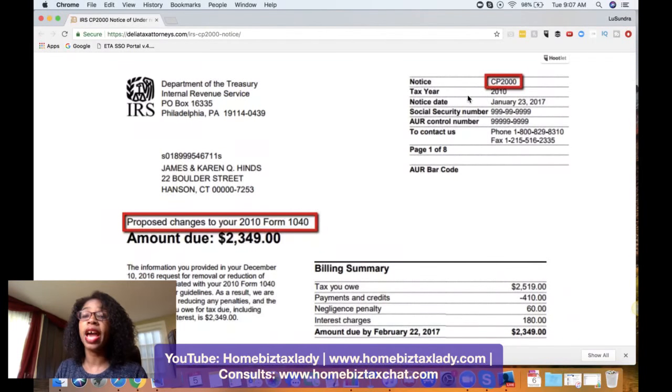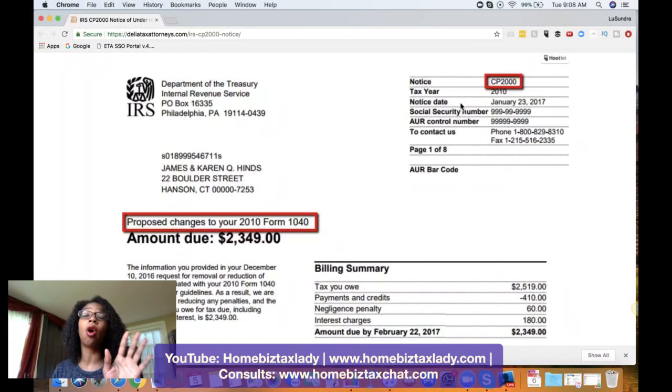Now, then we have the tax year. So we're talking about the tax year in question. Usually, sometimes it can take a while, if something happens, you filed late or whatever. So this tells you what tax year the IRS is dealing with, and then the notice date. Now listen to me, the IRS predates their notices.